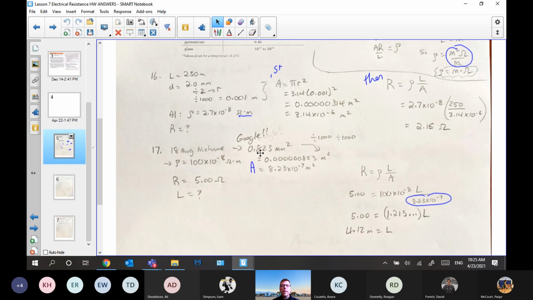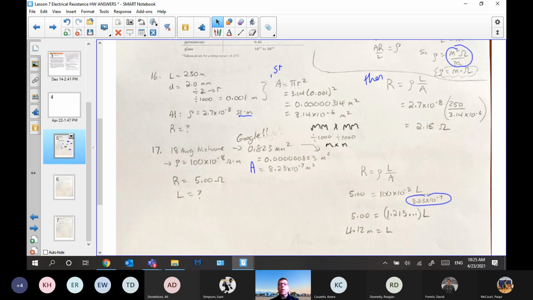So anyways, I got the 0.823 millimeters squared, and then you have to sort of think about it. It's like, okay, that's millimeters times millimeters, right? But now I'm converting each one of those to meters, so this becomes meters times meters. So it really does become meters squared.